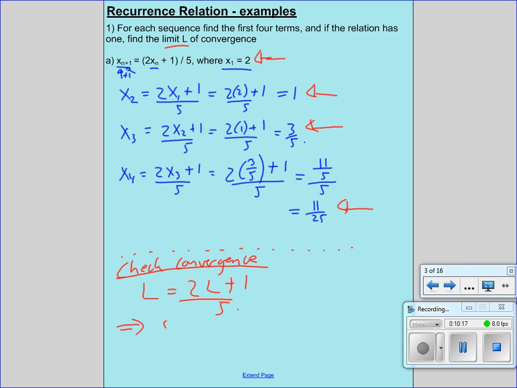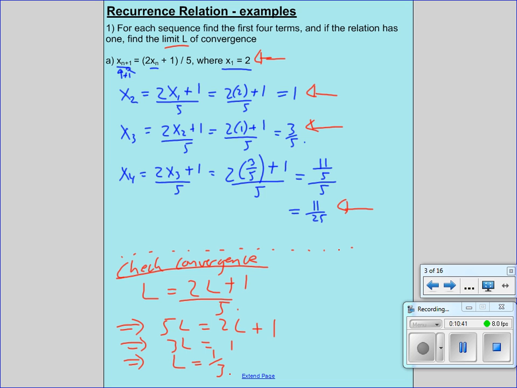Do the algebra, times by 5, 5L equals 2L plus 1, bring the L's over, and therefore the limit of convergence is a third. So the millionth term, as we go on for infinity, is a third, and the millionth and first term will be a third, and the millionth and second and third. It will just keep producing a third each time.